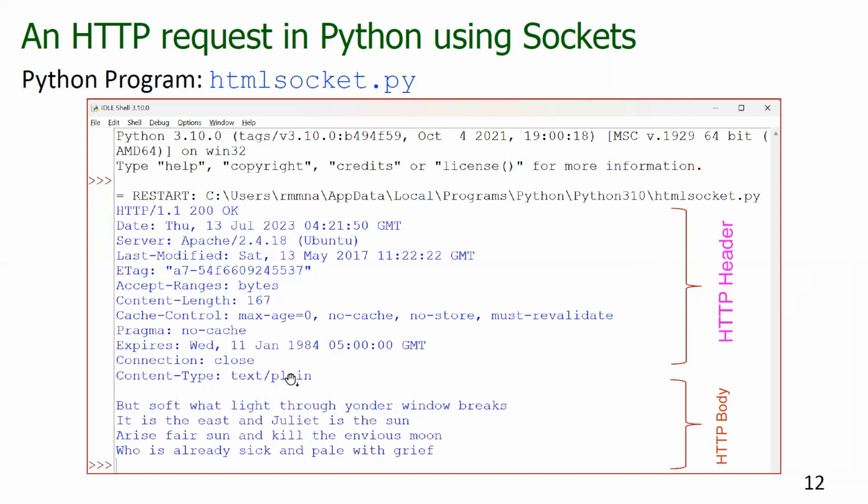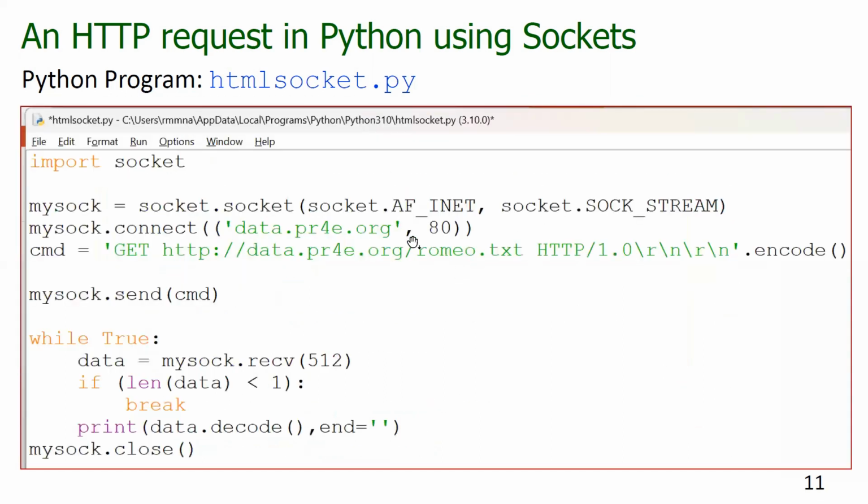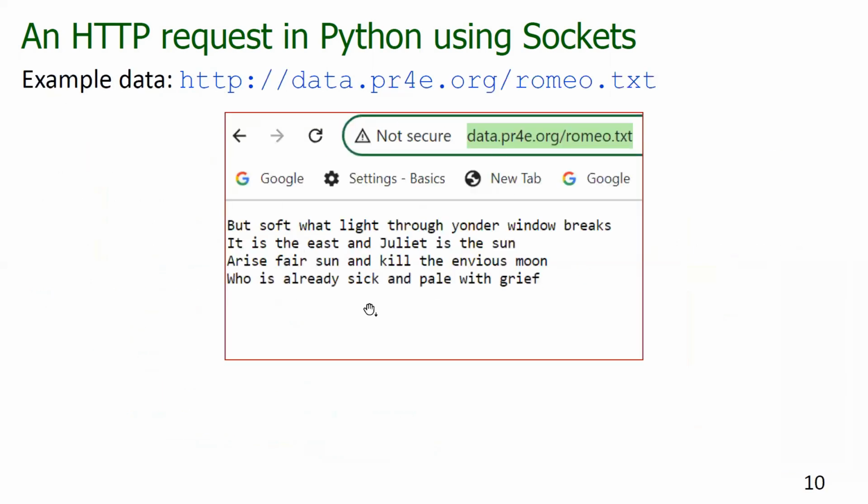Then the latter, what is the file name we are retrieving here? In the URL you can see /romeo.txt. What romeo.txt contains we have already seen: But soft what light, and so on, these four lines of text.